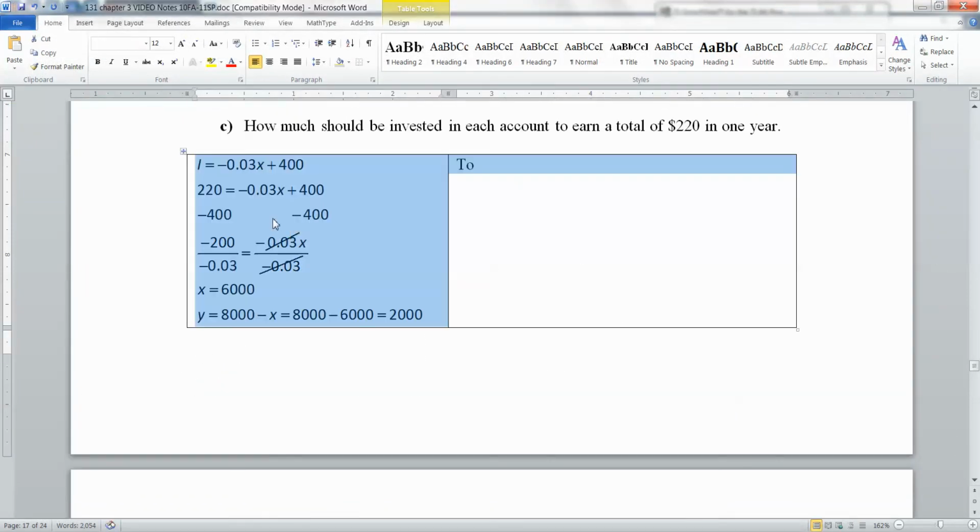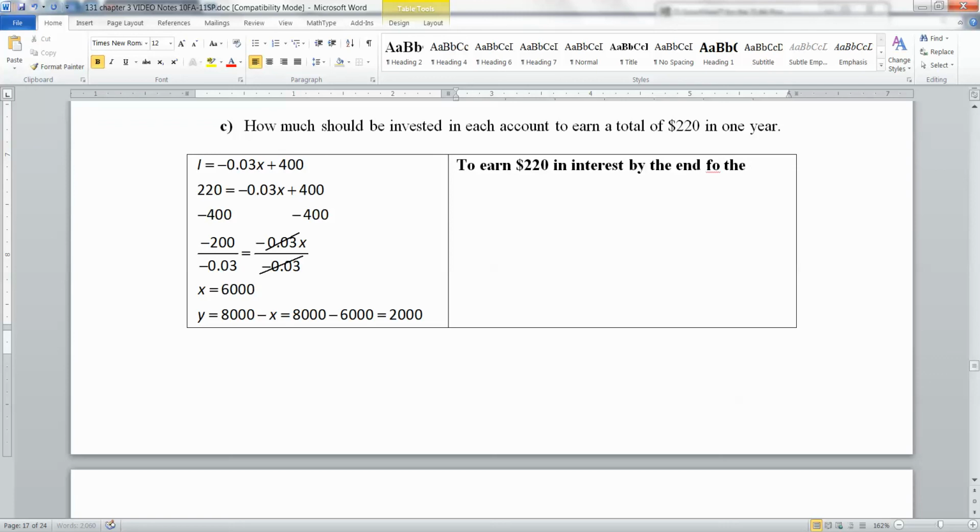To earn $220 in interest by the end of the year, one should invest, let's see, $6,000 at 2% and $2,000 at 5%.